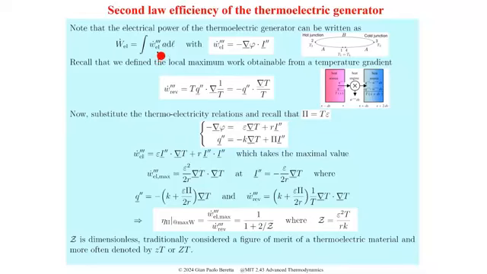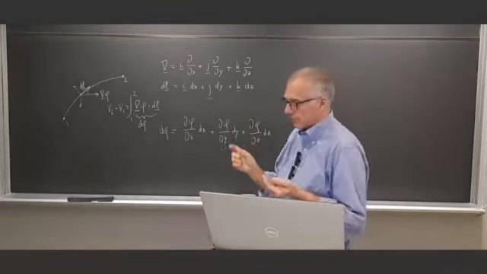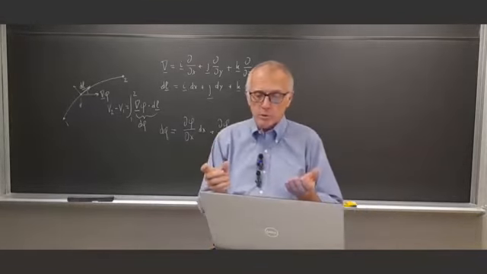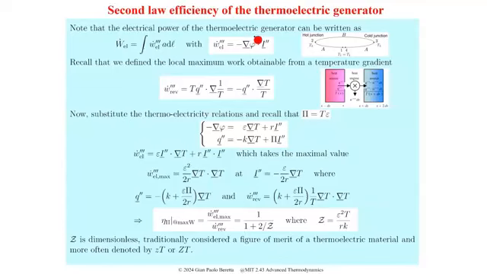Okay, so if you accept that, in fact that power density is the product of the electric current and the gradient in the voltage. Voltage times current is power, no? So this is the density, though.